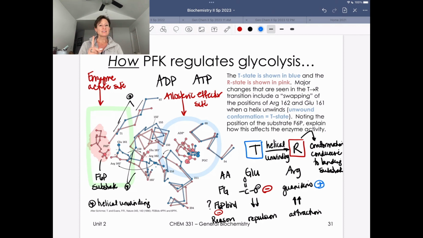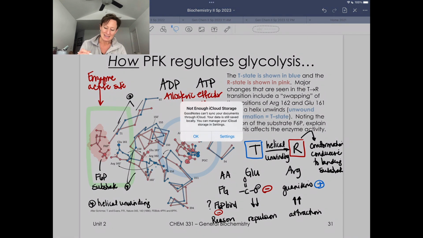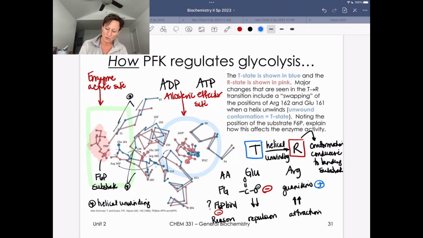Now, one of the things that can happen is ATP, let me move these down just a little bit, give myself a little room here, ATP is going to allow us to lock in the T state. Now think about this, we know this. We know that ATP is a potent inhibitor of glycolysis. So by locking PFK into the T state, that means we are inhibiting glycolysis.